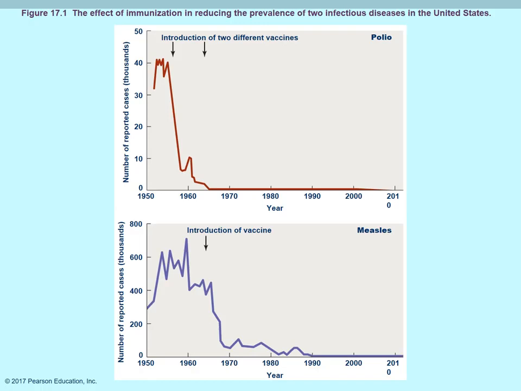However, keep in mind that this is number of cases in thousands. One thing that this does not show is that this is just in the United States. Unfortunately, there has been a little bit of an increase in the number of polio cases in the last several years. Part of the reason for that is because there are some individuals who are choosing not to vaccinate.